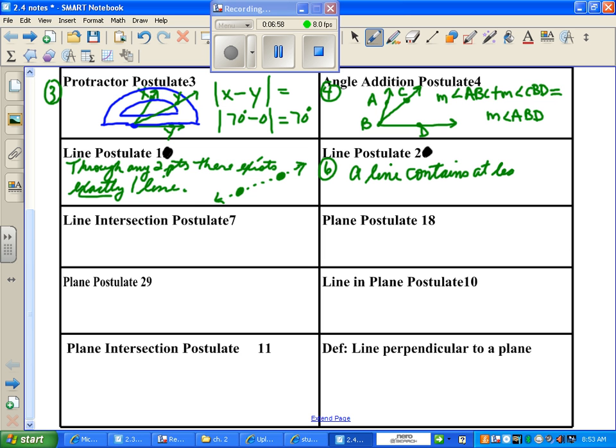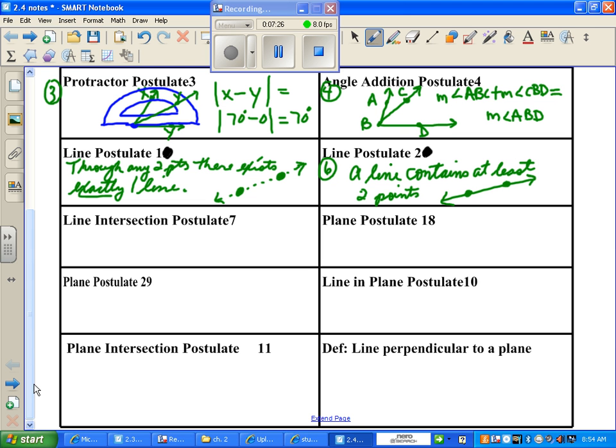So it's really the reverse of line postulate number 1. If I were giving you a line, you know it has at least 2 points, but it's an infinite number of points, but at least 2 points. In line postulate number 1, if you have 2 points, then you have a line. In line postulate number 2, if you have a line, you have at least 2 points.